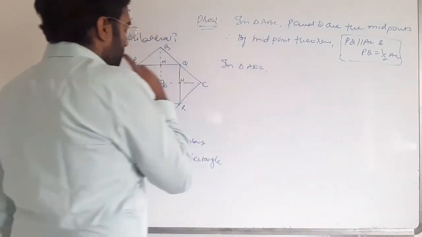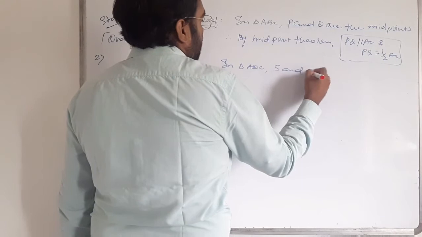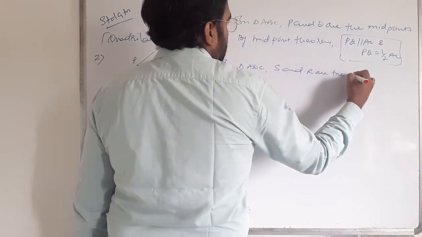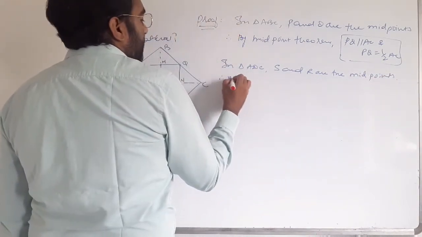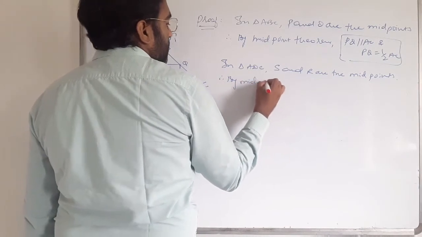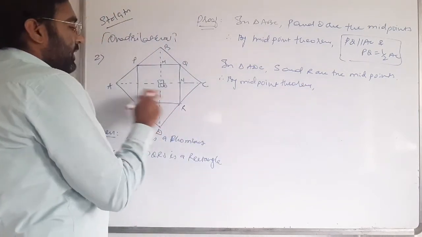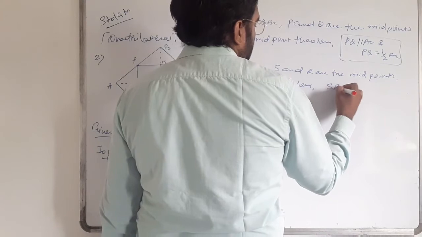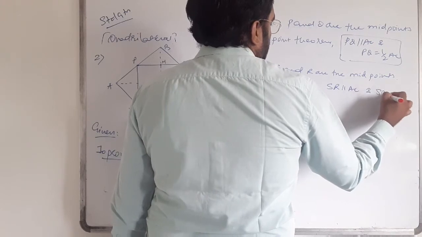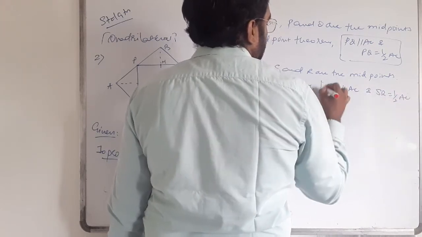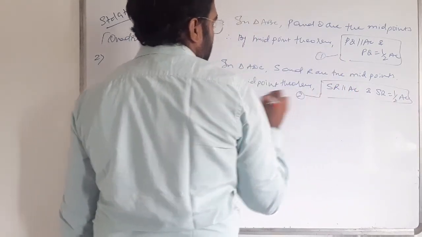In triangle ADC, S and R are the midpoints, therefore by the midpoint theorem we also say that SR is parallel to AC and SR is equal to half of AC. Okay, so this is equation 1 and this is equation 2.